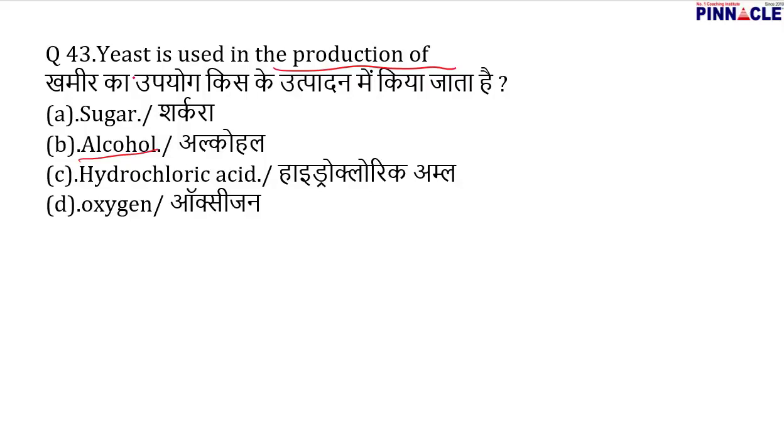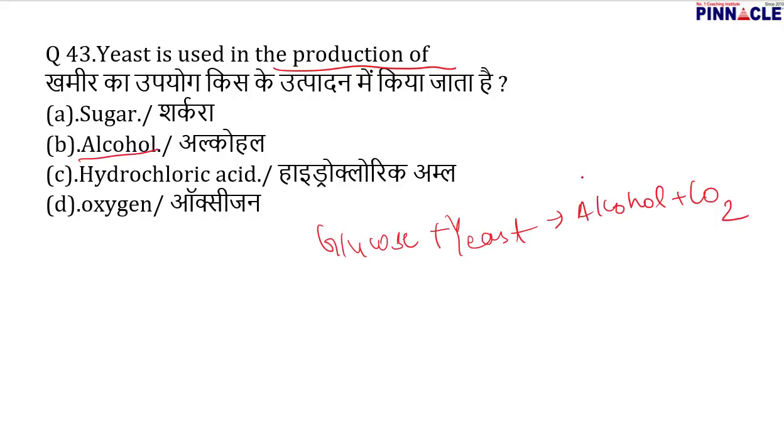It is the process in which yeast breaks down sugar into alcohol and carbon dioxide. So whenever glucose is there and anaerobic respiration or fermentation occurs with the help of yeast, this glucose gets converted into alcohol and carbon dioxide. So for question number 43, B is the correct option.